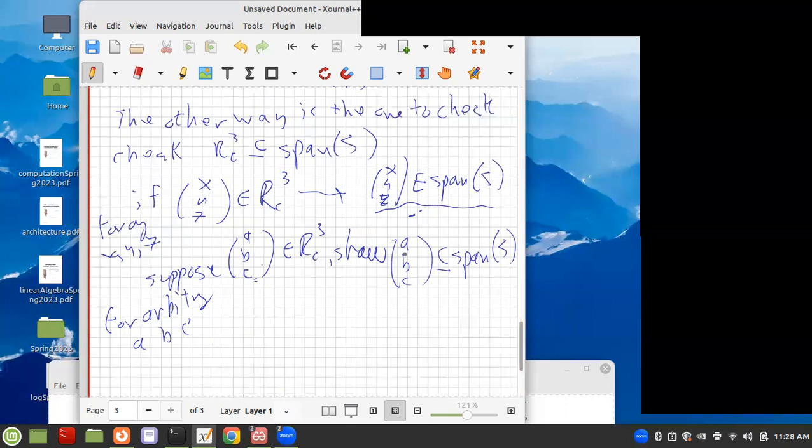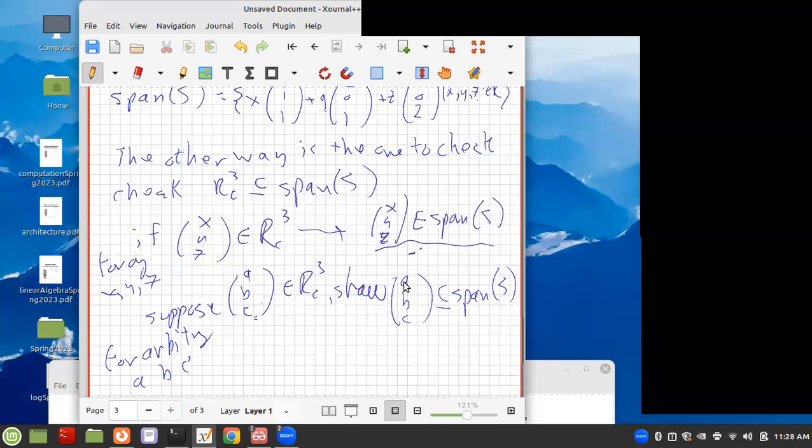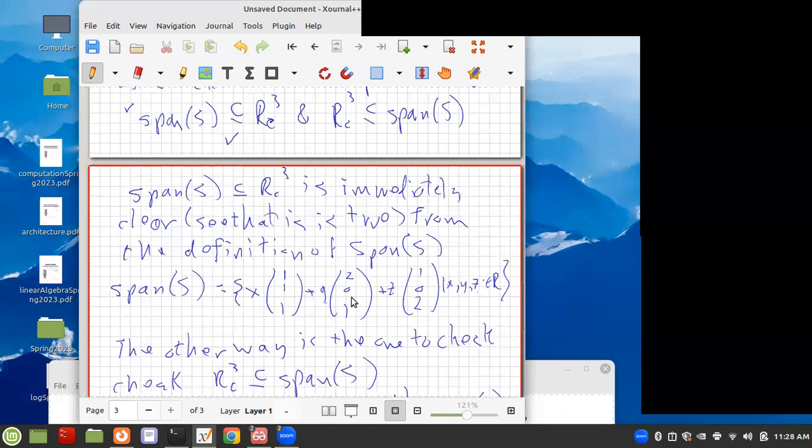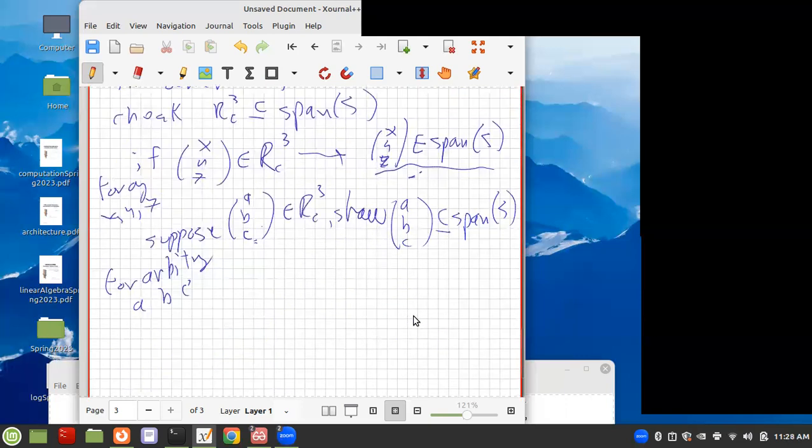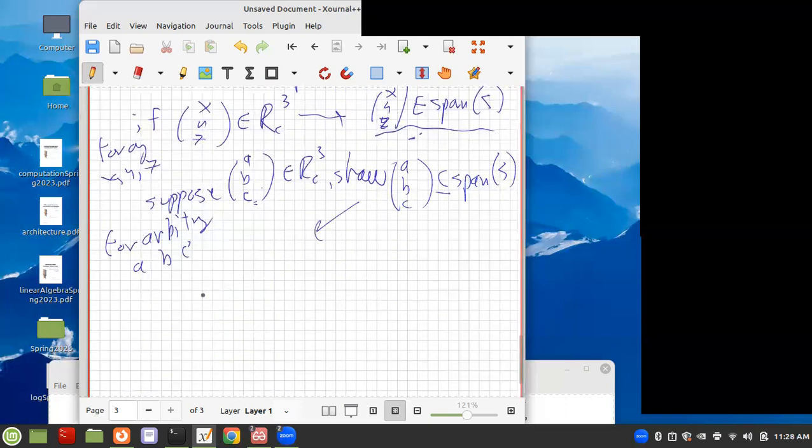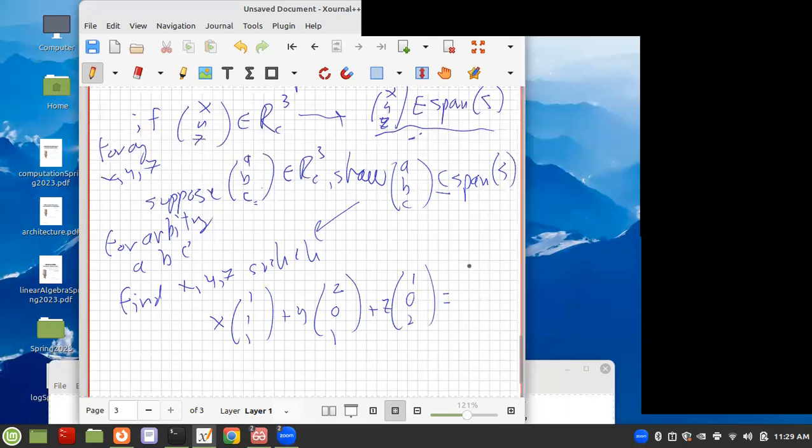Okay? Well, to be a member of the span of S, we have to find X, Y, and Z, so that some linear combination here is equal to this. To do this, we have to find X, Y, Z such that X times (1, 1, 1) plus Y times (2, 0, 1) plus Z times (1, 0, 2) equals (A, B, C).